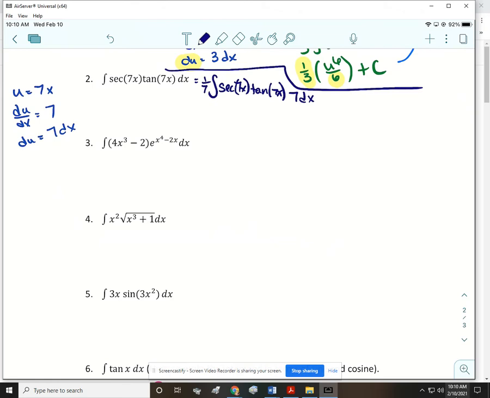Okay, then I'm ready to replace all of my 7 x's with u's. And then my 7 dx with du. So after you do that step, you should have no x's left. You only have u's.